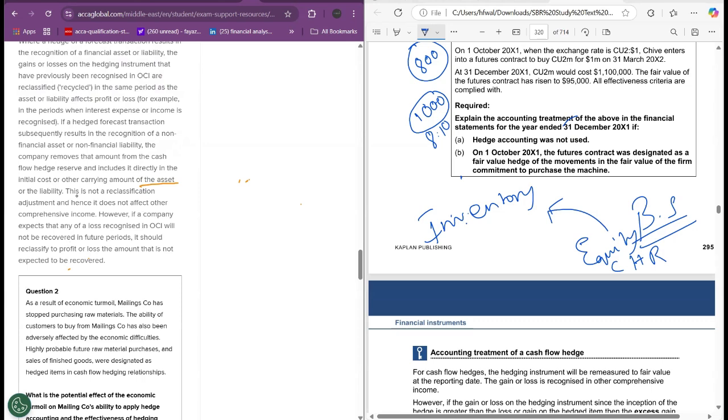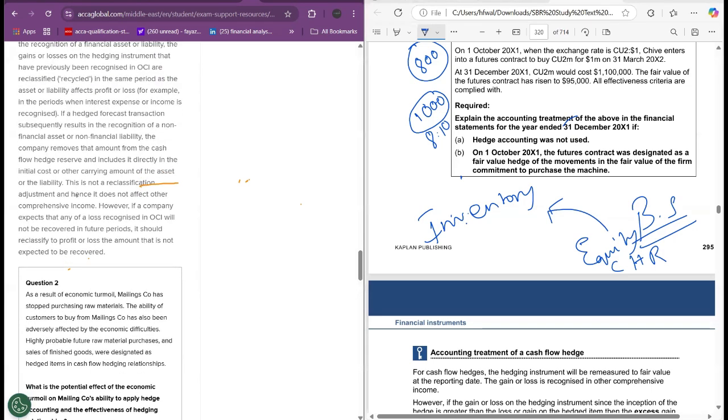So basically, a reclassification adjustment means that if there was a gain recognized in OCI in 2024, maybe of 2 million, and now in 2025 this transaction took place and you want to reclassify it in the P&L, what you will do is debit the OCI for that gain and credit the P&L for that gain. You are going to increase the P&L. So this is what it is saying. Okay, guys, so this is a reclassification adjustment.